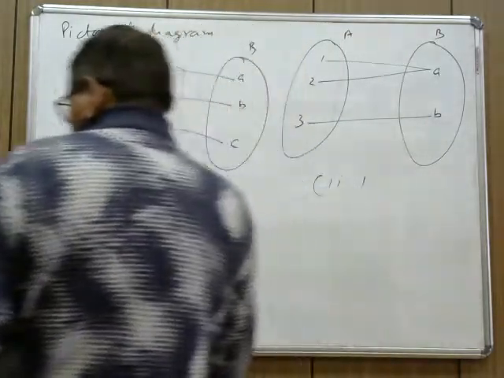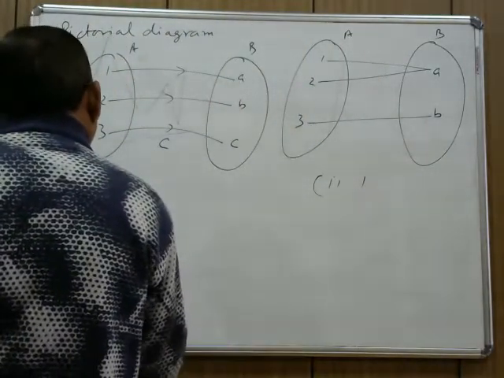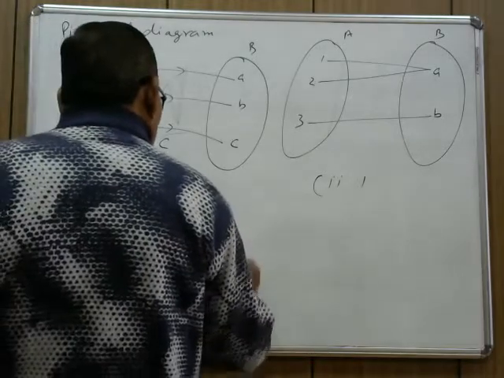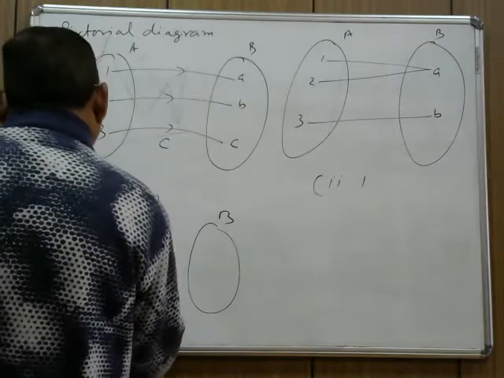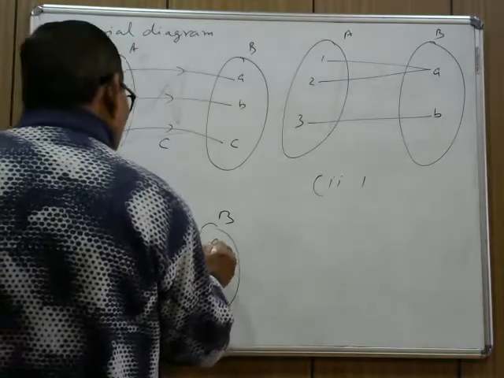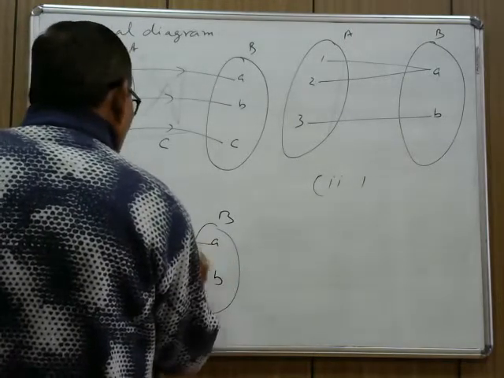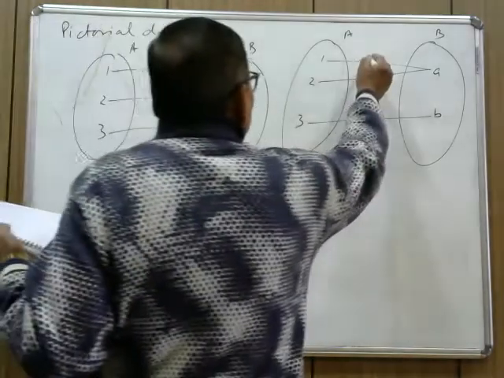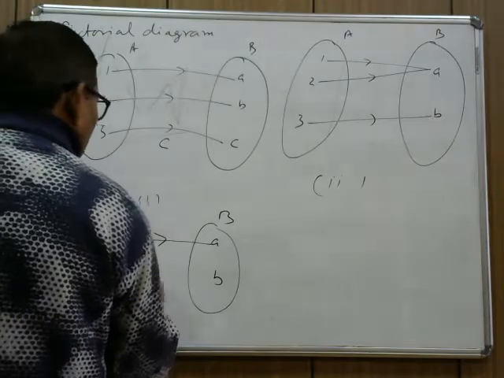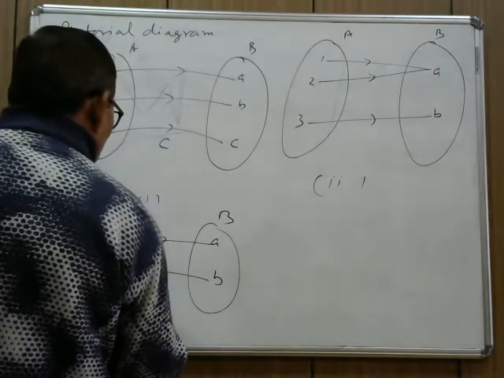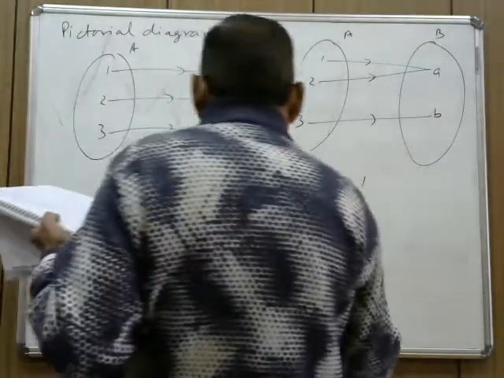This is second. Now third. This is A, this is B. Here are 1, 2, 3 and A, B. 1 is associated with A. Put an arrow on that. 2 is associated with B. This is third. Now fourth.